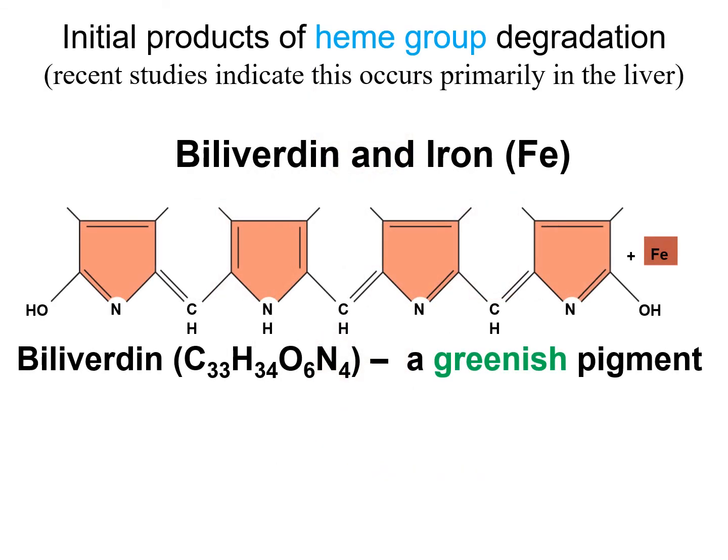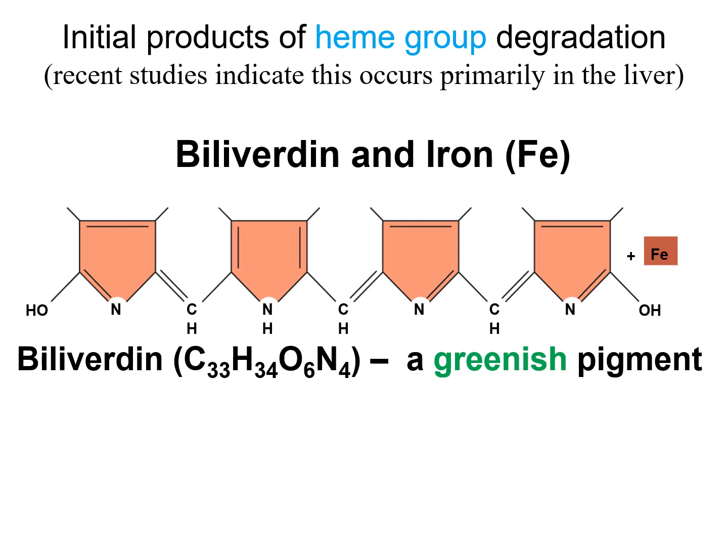When our hemoglobin is degraded by the liver after 4 months, the red cell is phagocytized by the macrophages and broken down, and then the hemoglobin is chemically degraded as well. So we're taking that 4-ring structure that we saw in the previous slide, and we're snipping a couple bonds.